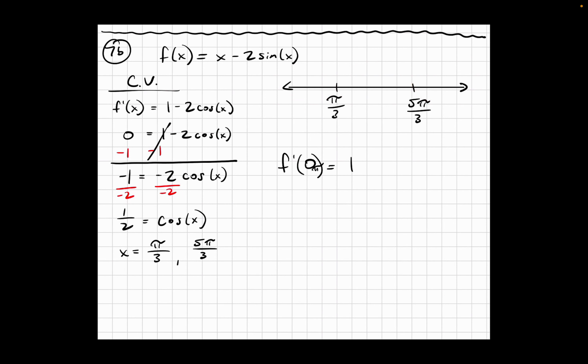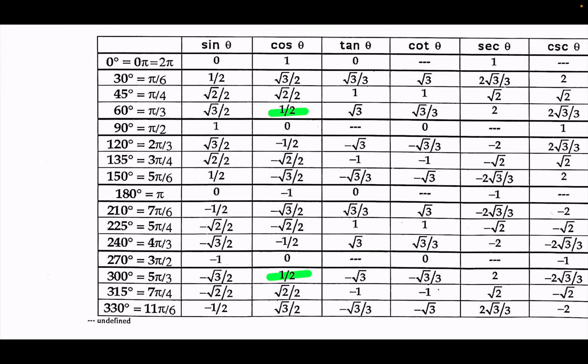The first derivative was 1 minus 2 times cosine of x, and that's where you put in 0. Cosine of 0 is positive 1.